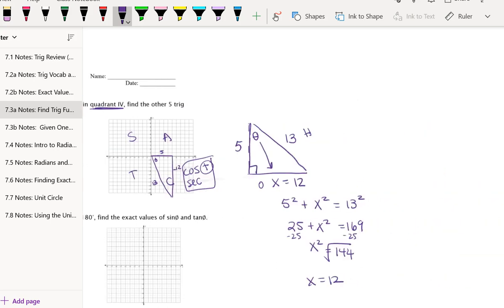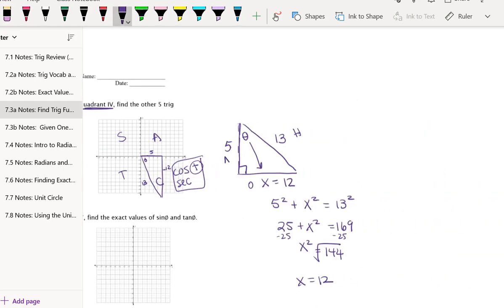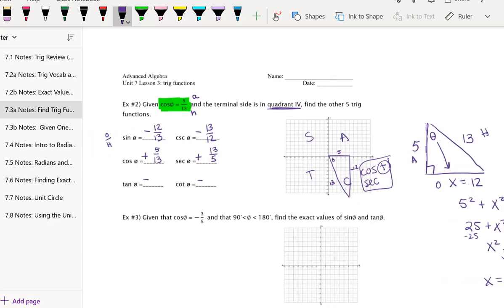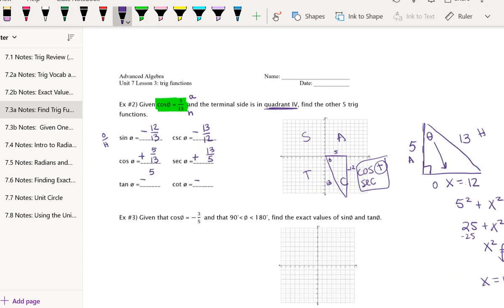Tangent, let's go back over here, is opposite over adjacent. So opposite is 12, adjacent is 5. So I have 12 over 5. And it's supposed to be negative because I'm in quadrant 4 and only cosine and secant are positive. And then reciprocate it for the inverse function. Okay?